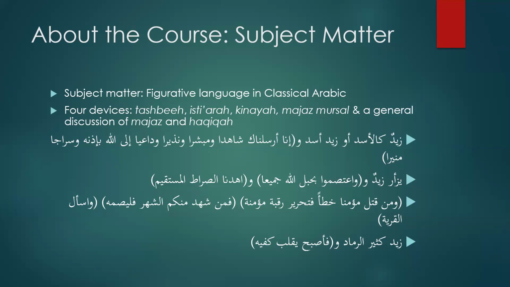When Arabs say Zaydun Asadun, the whole point of a metaphor, the whole point of tashbih, and why this relationship of mushabaha is so emphasized, both in classical Arabic bayan as well as in classical Greek and English figurative language, this relationship of analogy or comparison is fundamental.